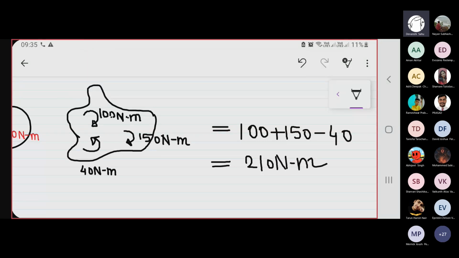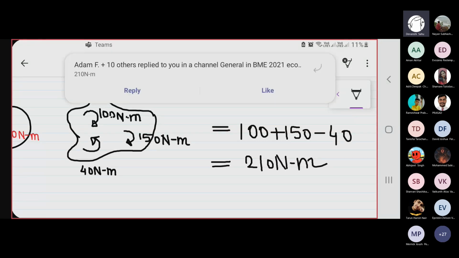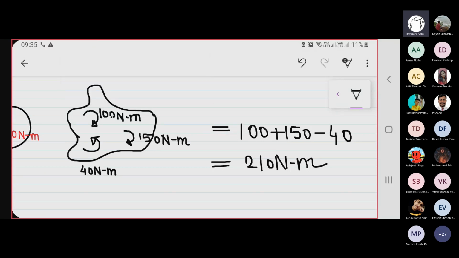So this is how we can represent our moments. Okay. So we can do addition of moments.